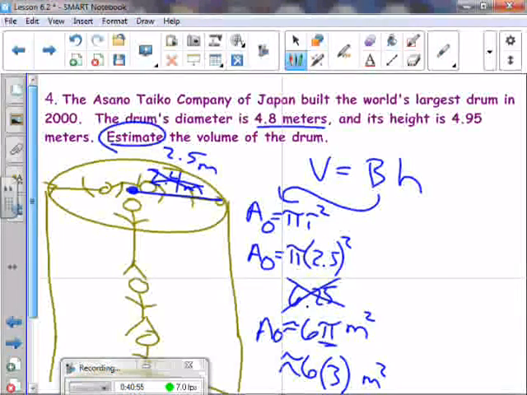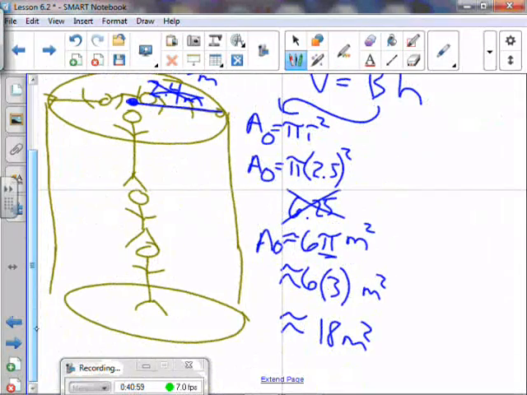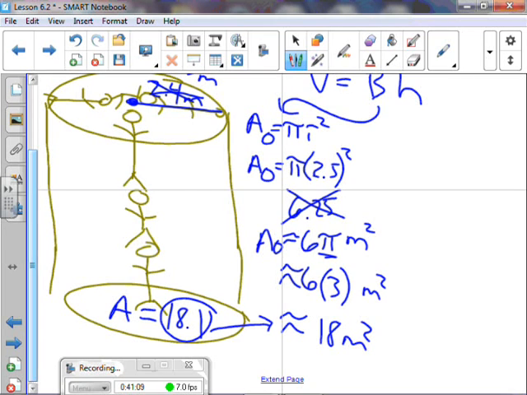And so my exact area of this base is 18.1 if we round it. Look at that. This is why we can estimate sometimes, because 18.1 and 18 aren't really that different, right? Okay, so we haven't really gotten too crazy by leaving off some of our exactness.